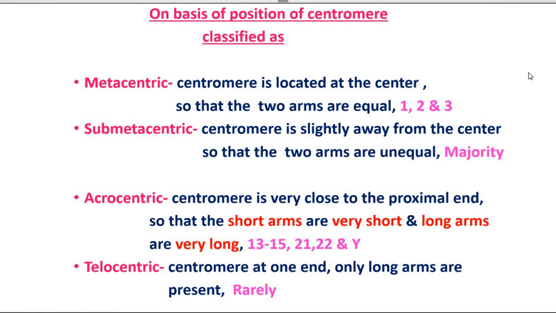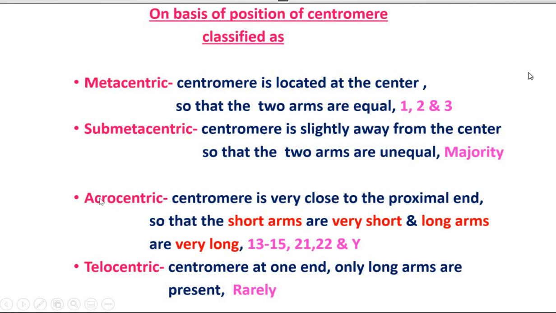For example, the first, second, and third chromosomes are metacentric. In subcentric, the centromere is slightly away from the center such that the two arms are unequal in length, and the majority of chromosomes fall in this category.